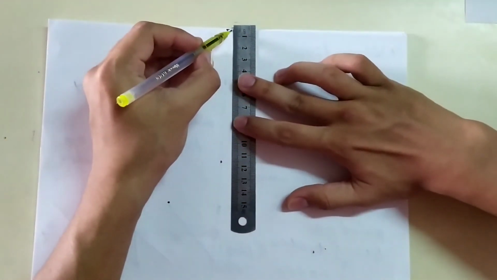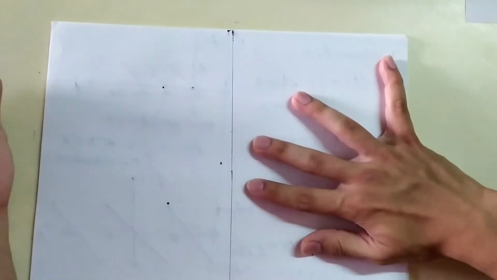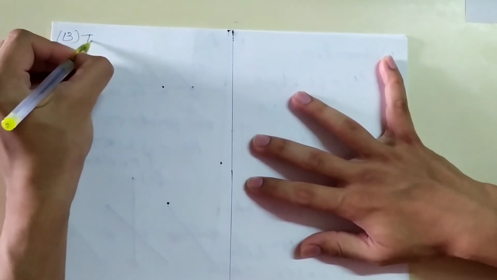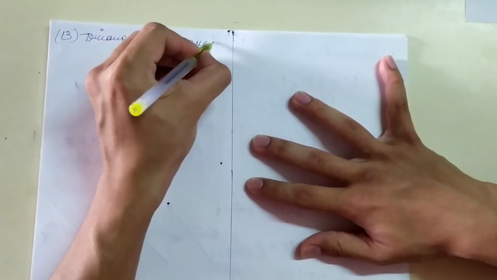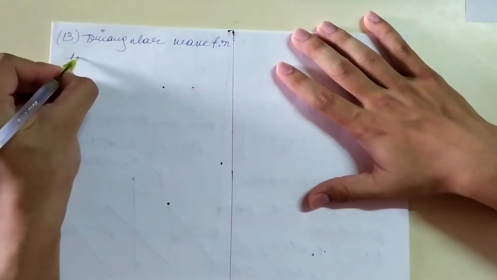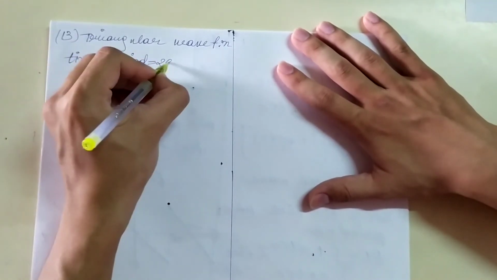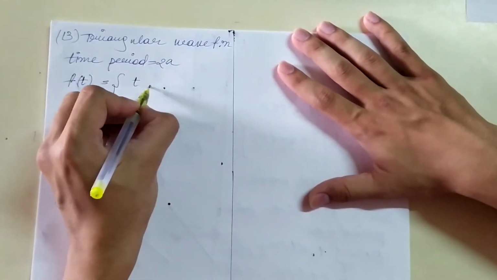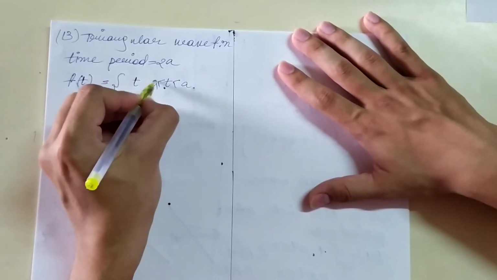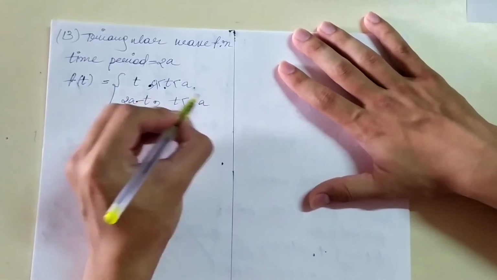So the triangular wave function is defined by a time period, which here is 2a, and it is defined as f(t) is equal to t for t less than a and greater than or equal to 0, and 2a minus t for t less than 2a and greater than or equal to a.